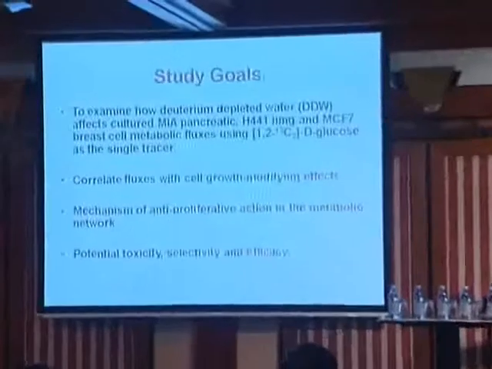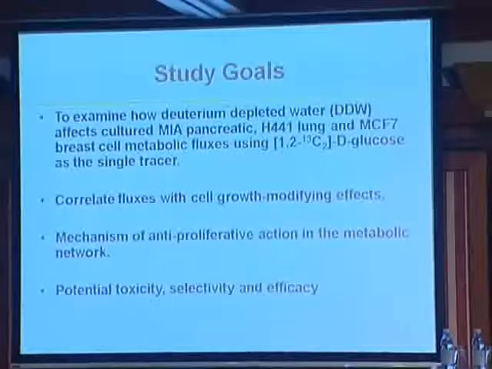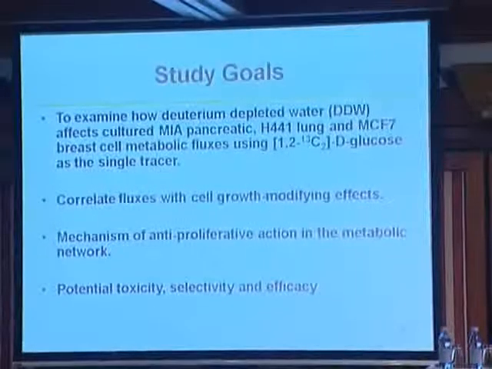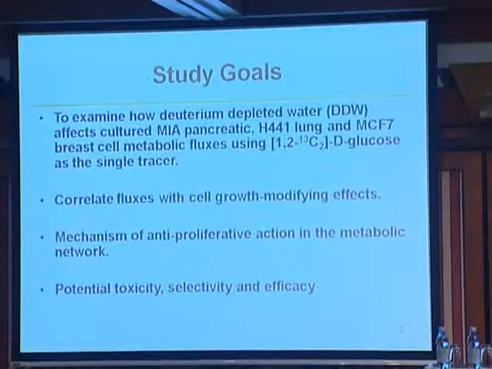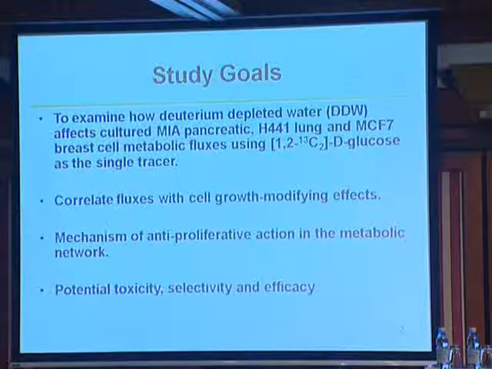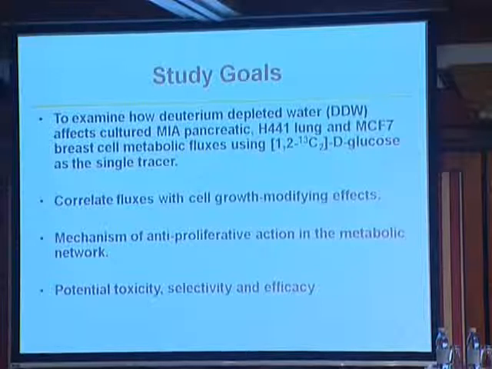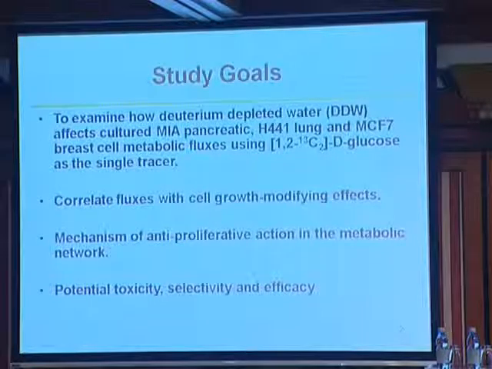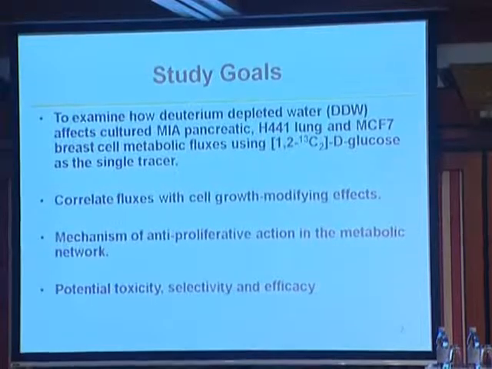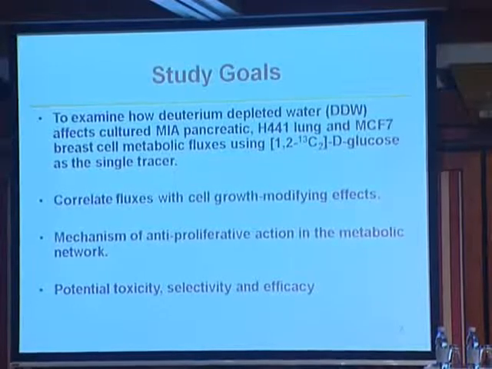So we measured what we call metabolic fluxes, or exchanges of carbons between glucose and various other metabolites in the cells, that include a whole list of intermediates as well as products that I'm going to talk about in more detail.